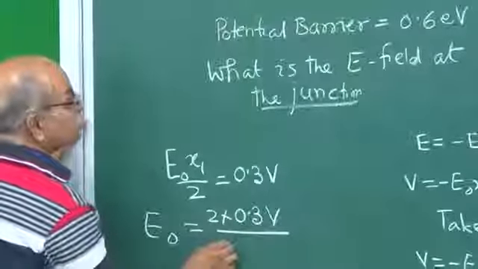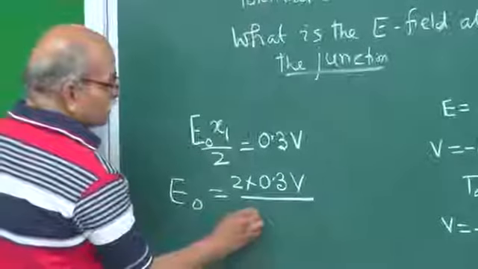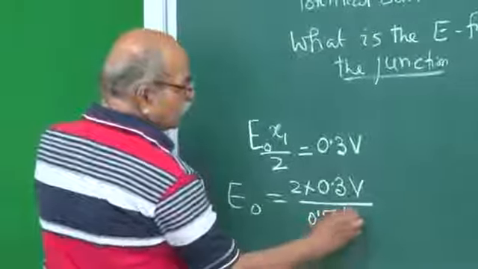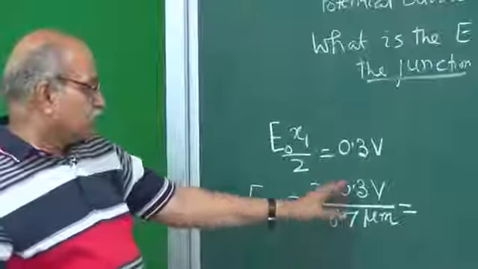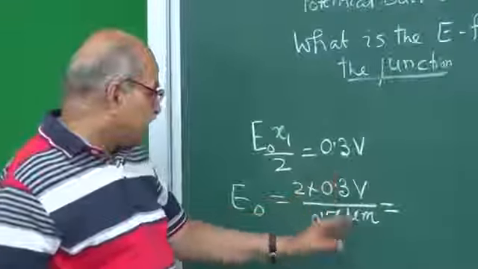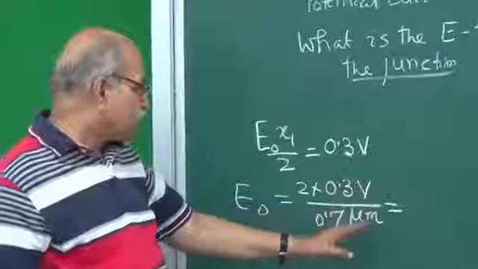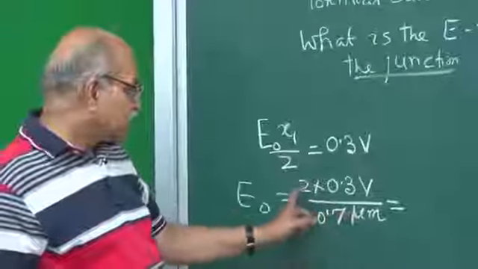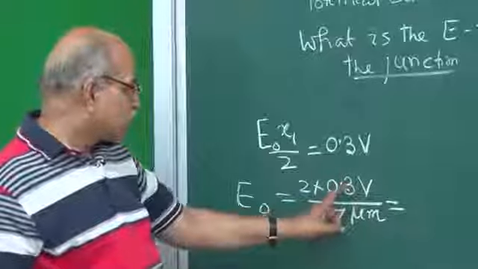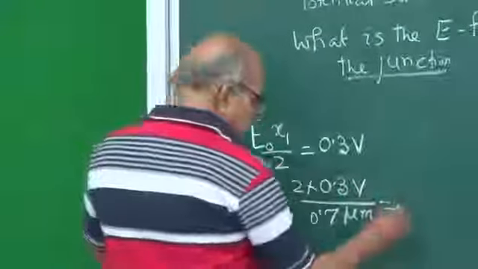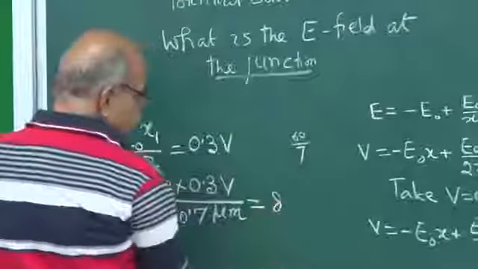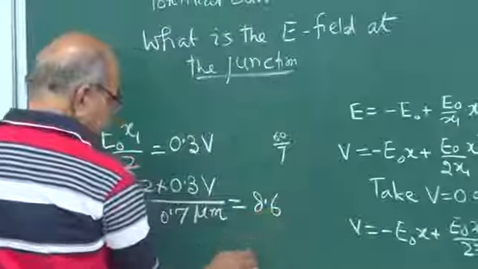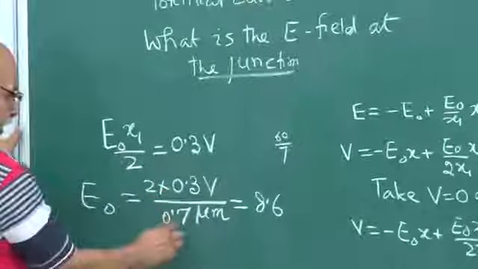And how much is x1? x1 is 0.7 micrometers. So that is the electric field. You can write it in terms of volt per meter. This is 10 to the power 6 here, 0.6 over 0.7, that will be 60 by 7, that is 8.6, something like this, 0.86 in fact.